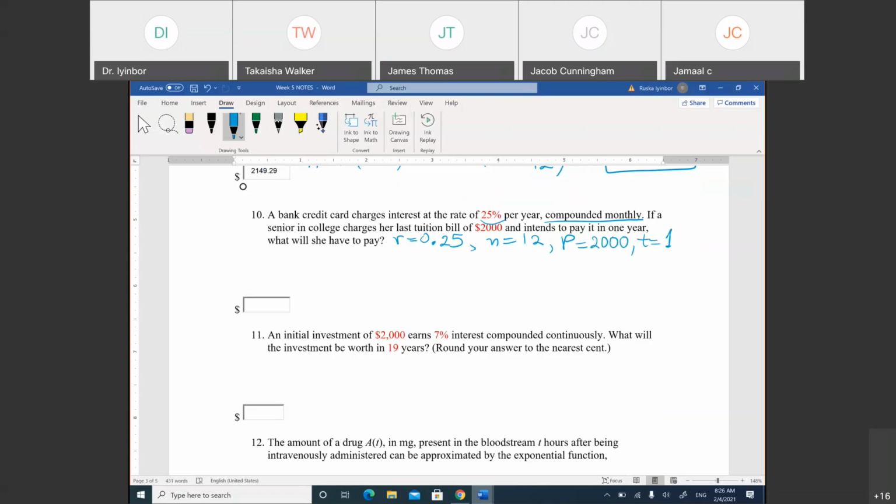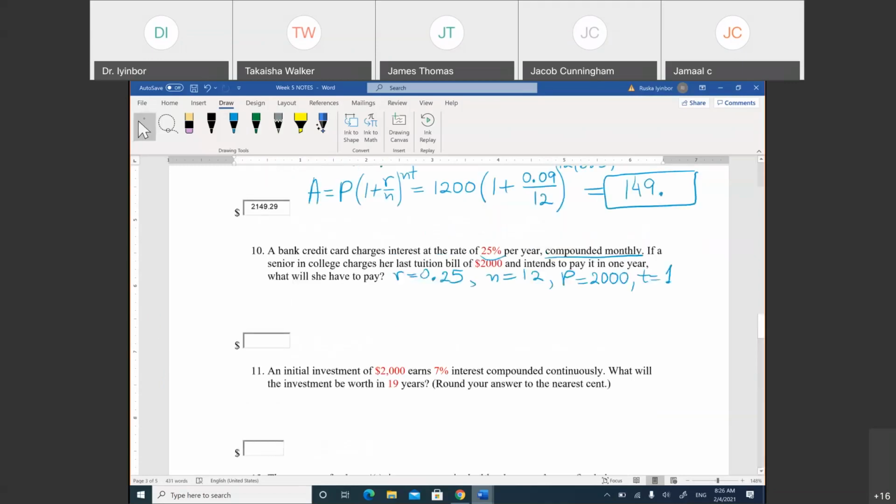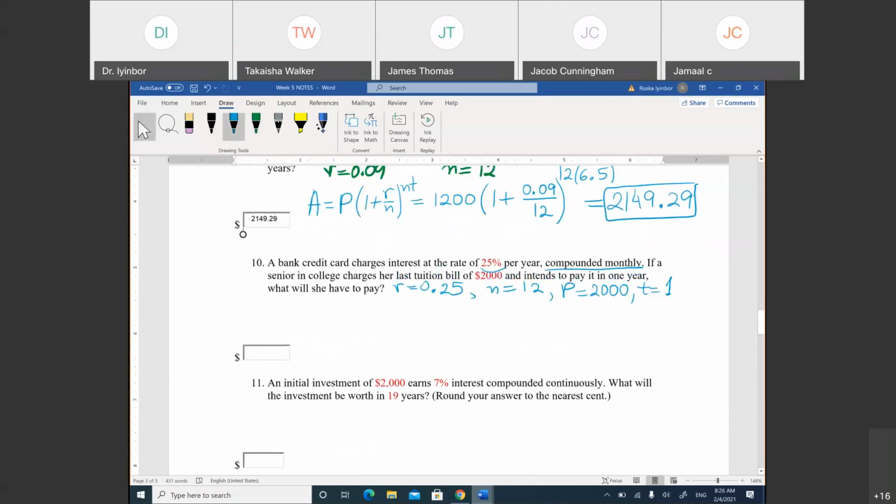So these are the numbers I need to plug in. And I'm using the same formula. I'm just going to show you the formula. I'm not going to copy it again. So here we're going to plug it in. The amount she needs to pay back is the principal, which is the 2,000, and then 1 plus the rate, which is 0.25 over 12, and then 12 times 1.